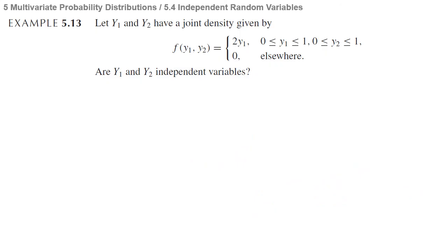Okay, here is example 5.13. Let y1 and y2 have joint density given by this. Are y1 and y2 independent variables?